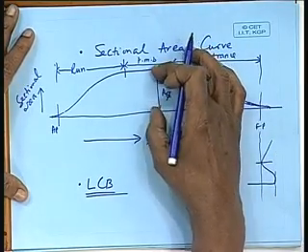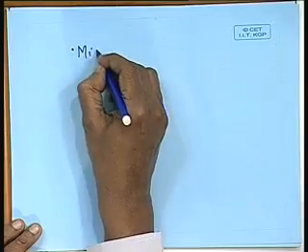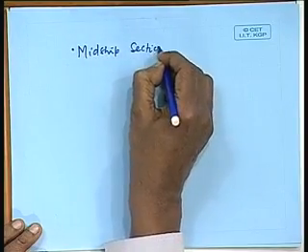Am I clear? Okay. Now, you see this sectional area curve is so much related to how much area I give in the middle, isn't it? Now, suppose I have got two sections, let us say midship section, or midship section coefficient, is the same thing.